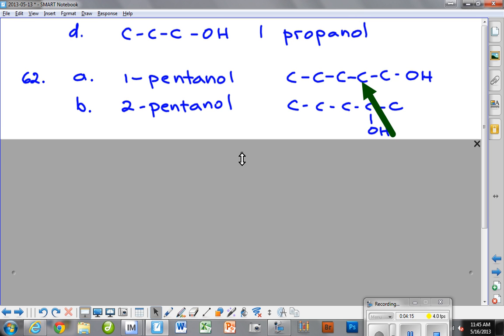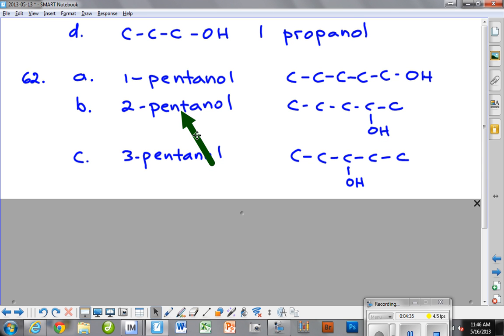Now the second one is a secondary because the hydroxyl group is on carbon number 2, not because it's on 2, but because there are 1, 2 carbons hooked to the carbon that is hooked to the hydroxyl group. And so we call that 2-pentanol.